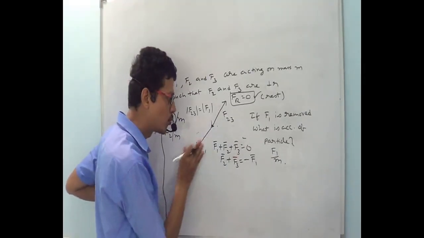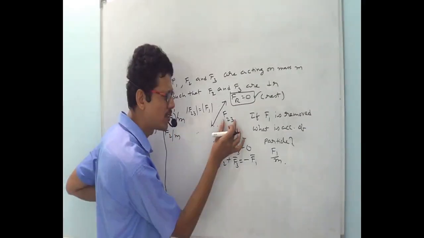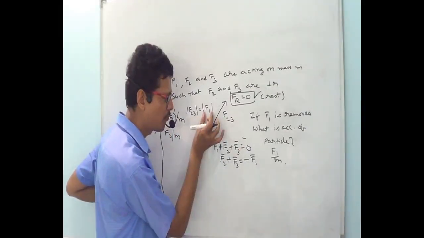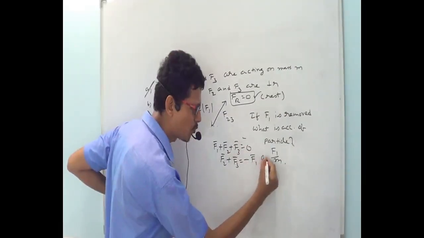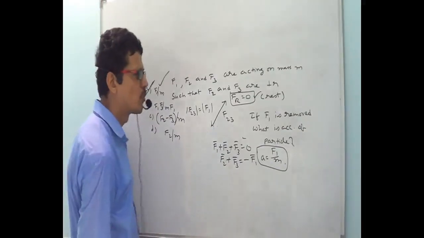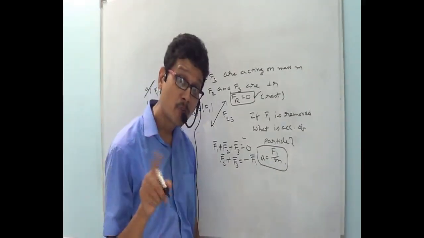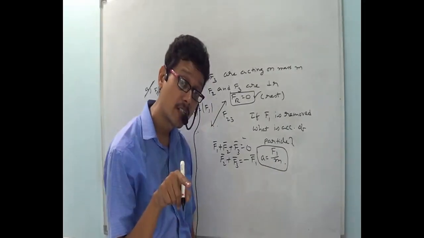If F1 is removed, then what is the acceleration? Only this is remaining. This means F1. F1 by M is the answer, so acceleration is force by mass. If F1 is removed, the resultant of F2 and F3 will act on the particle. What is the resultant of F2 and F3?